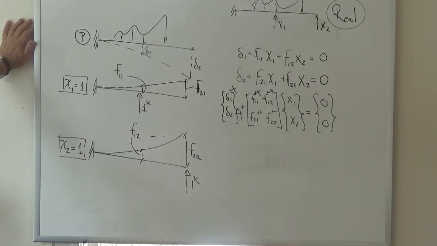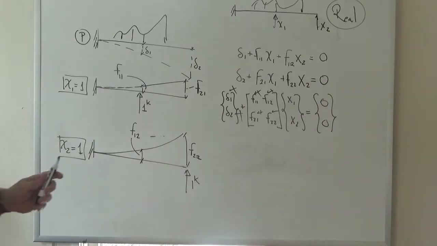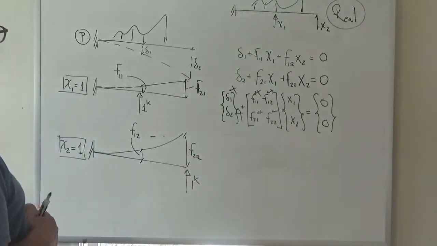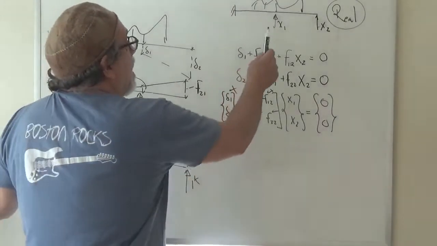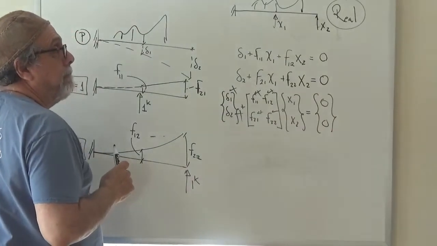Now, there's only one more thing to say here before I solve an example for you, and that is that the right-hand side need not always be 0. For example, we could say that this problem had these loads, right?